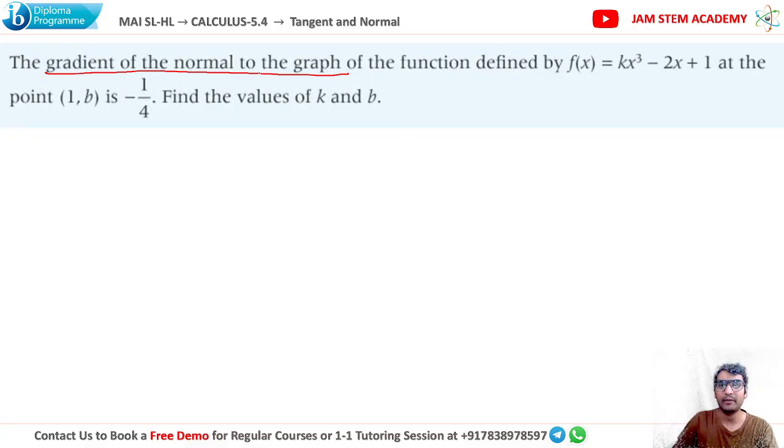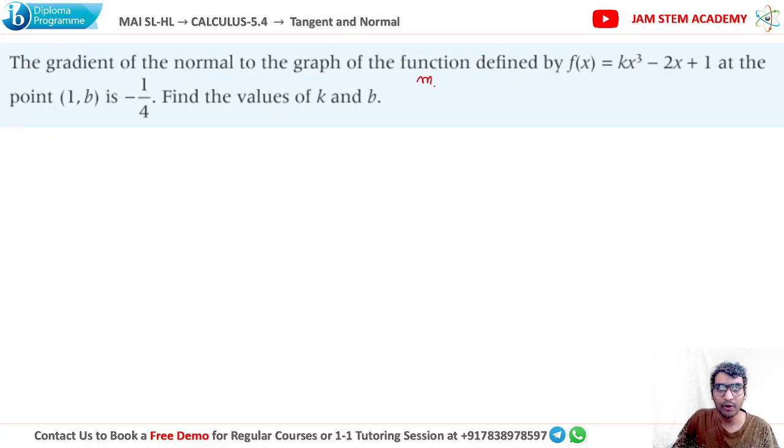Find the value of k and b. Two unknowns are there. So what we are looking for is k and b. What information is given to us? Gradient of normal line. So gradient of normal line is negative 1 4th. So can I calculate the gradient of the tangent line from there? Yes, it will be negative reciprocal of that.